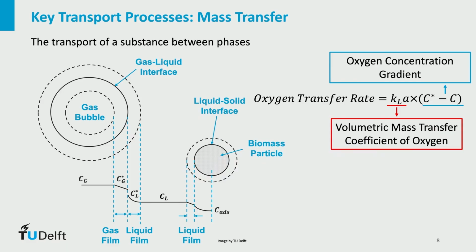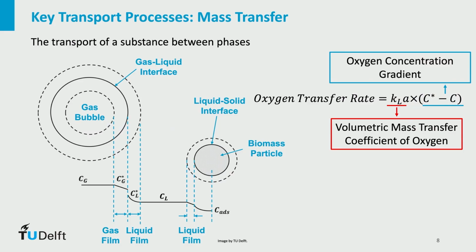Mass transfer, like oxygen moving from gas to liquid to biomass, is often described by a rate equation. A rate, expressed in grams of oxygen per cubic meter per hour transferred, depends on the KLa, or the mass transfer coefficient. C star is the equilibrium concentration and C is the actual concentration in the liquid.